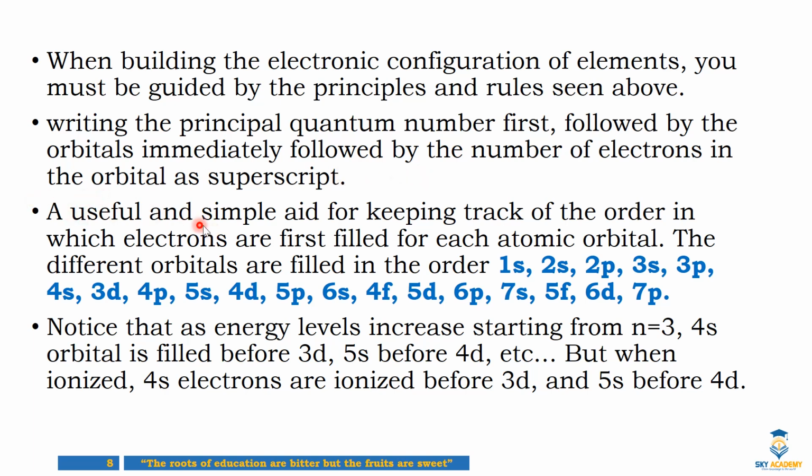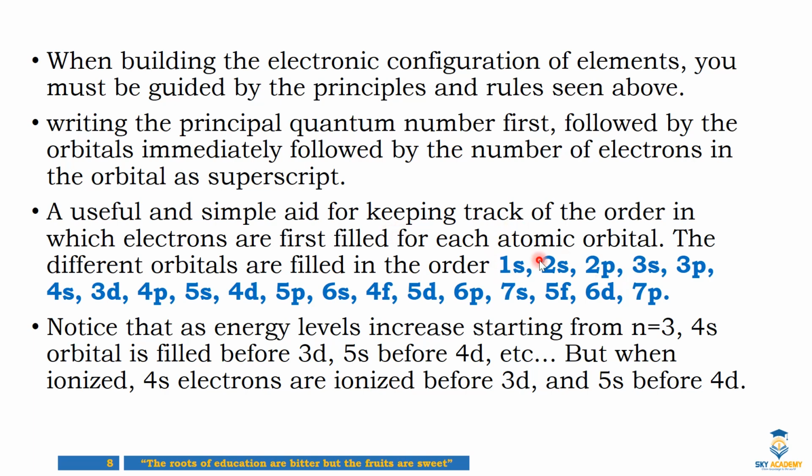A useful and simple aid for keeping track of the order in which electrons are filled into each atomic orbital is the filling order. You have seen me telling you 1s, 2s, 2p. You may ask yourself which order we follow.